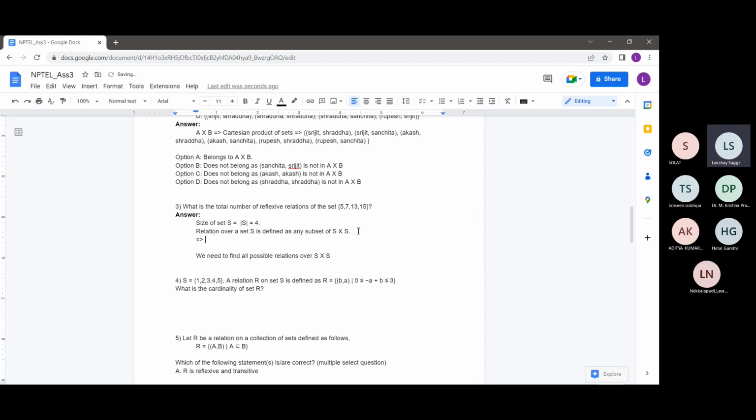The number of elements in S cross S, how many will there be? It's easy, guys. Here the size of set S is 4. So in S cross S there will be 4 square elements, since every possible element of S can be paired up with all of the 4 possible elements.